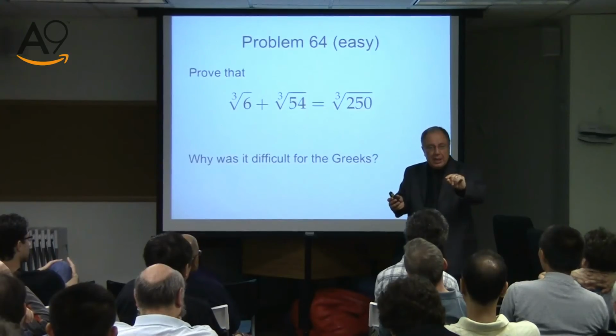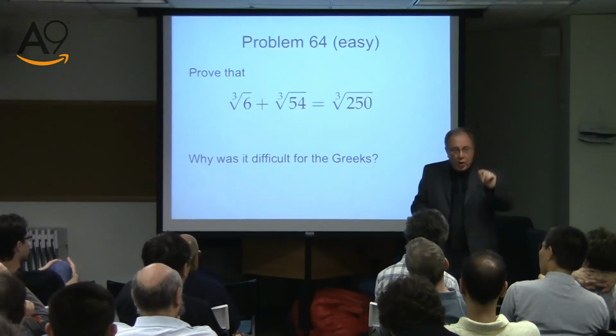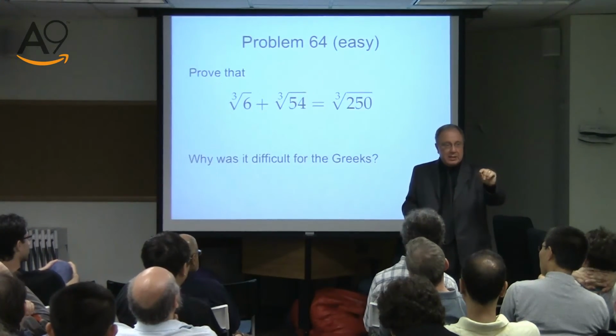Remember, they could do square roots. They moved mathematics from arithmetic to geometry in order to have square roots. Because with ruler and compass, you could, with a finite number of steps, compute any quantity containing quadratic square roots: a plus b square root plus square root of c plus d, whatever.